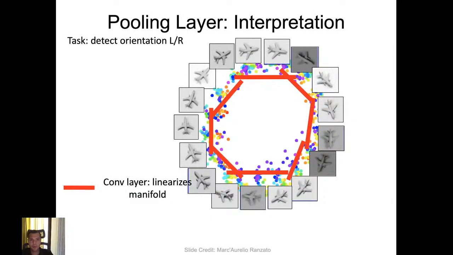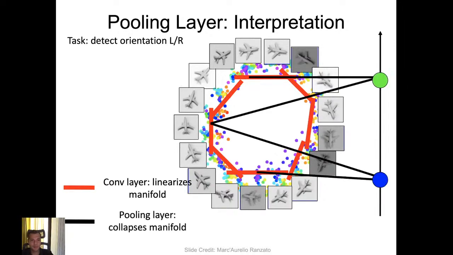So now another interpretation for the pooling layer is that it collapses the learned manifold. When you apply convolution, the input is reduced to a linear manifold.